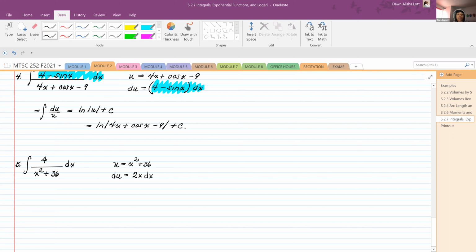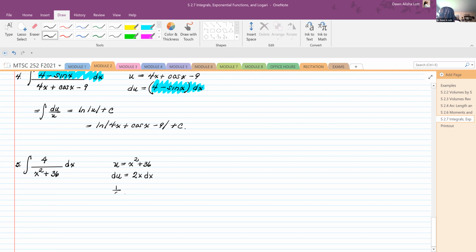Then x dx would equal half times du. And then you have the integral of 4 over u dx.